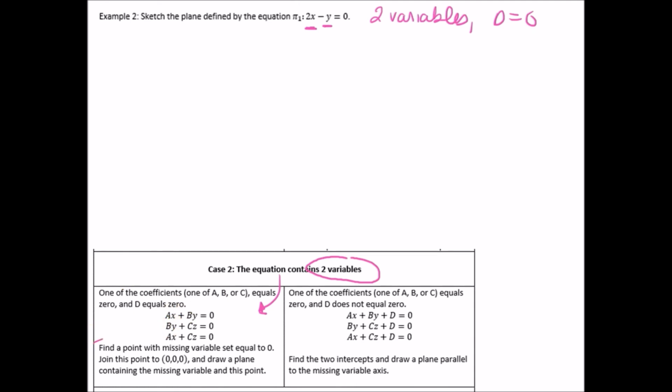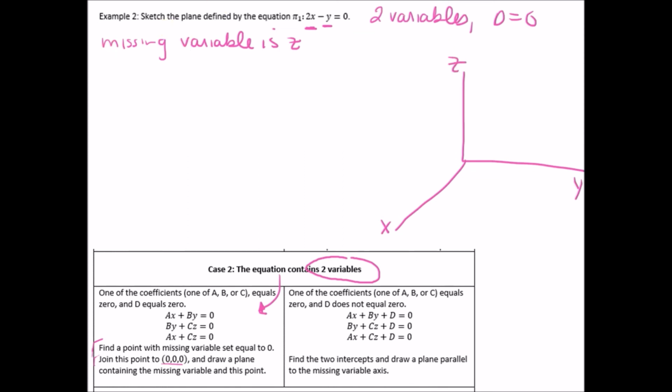What we're going to do is find a point, and then join the point to the origin and draw a plane containing the missing variable and this point. So first, our missing variable is z. I'm going to draw x, y, and z.